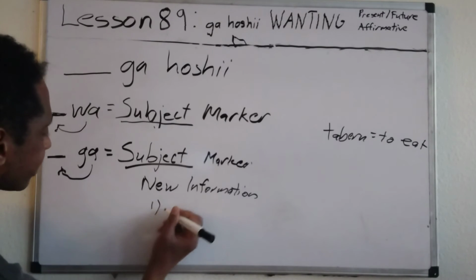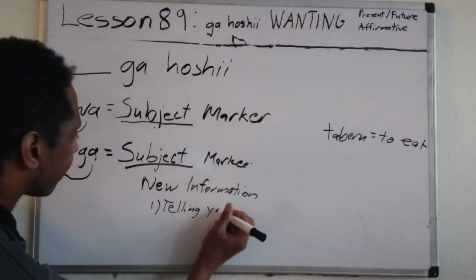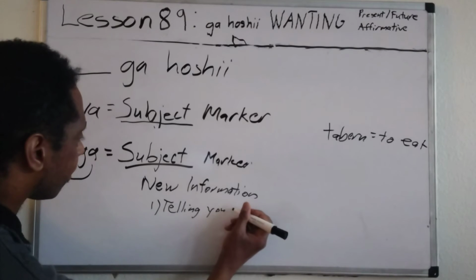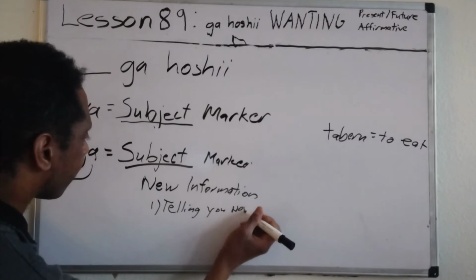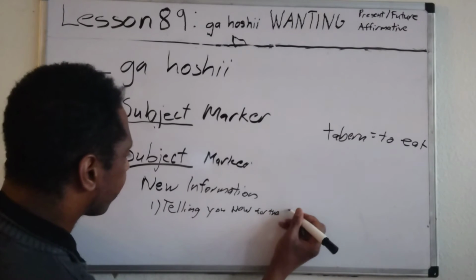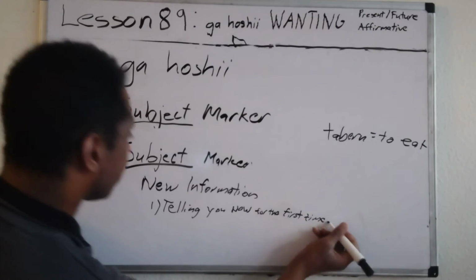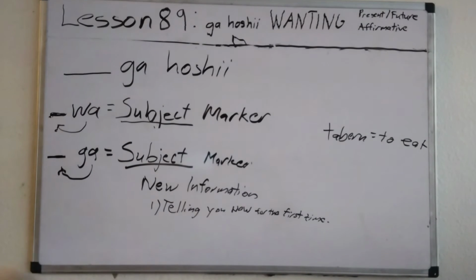It's basically used for telling you now, for the first time. You didn't know this. I'm telling it to you now. You did not know this. It's new information. Could be a new person we're talking about. A new idea. Anything that's new. Okay?